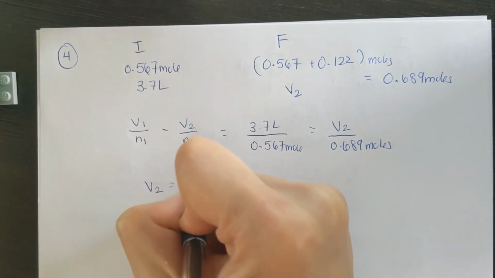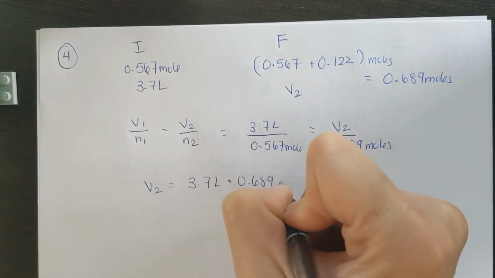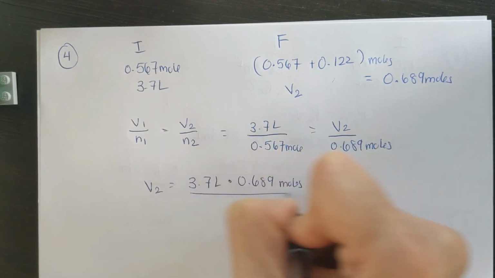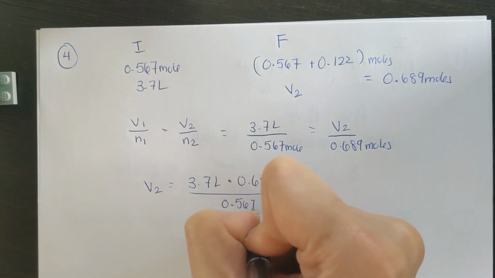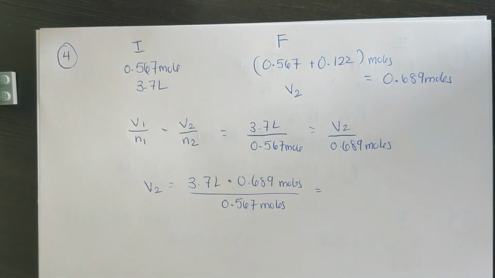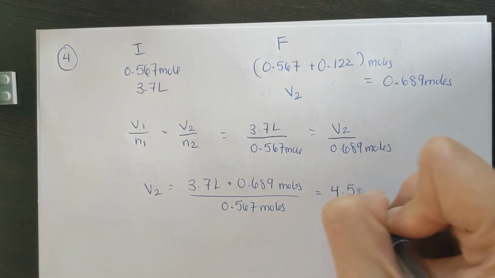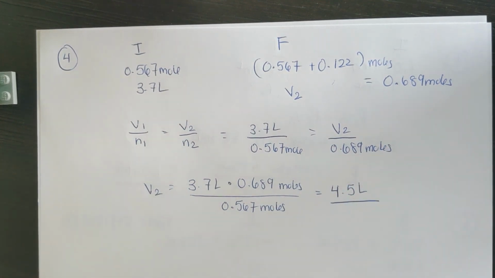So V2 is going to be 3.7 liters times 0.689 moles divided by 0.567 moles. Okay, so 3.7 times 0.689 divided by 0.567 will give us 4.5 liters of gas. So this was our final volume of gas after adding more moles.